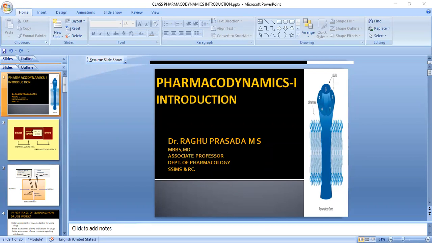So here the drug, even though it may be present in the tissue reservoir, in the systemic circulation, or at the site of the receptors, may not be freely acting all the time. It may be in the bound form or free form.